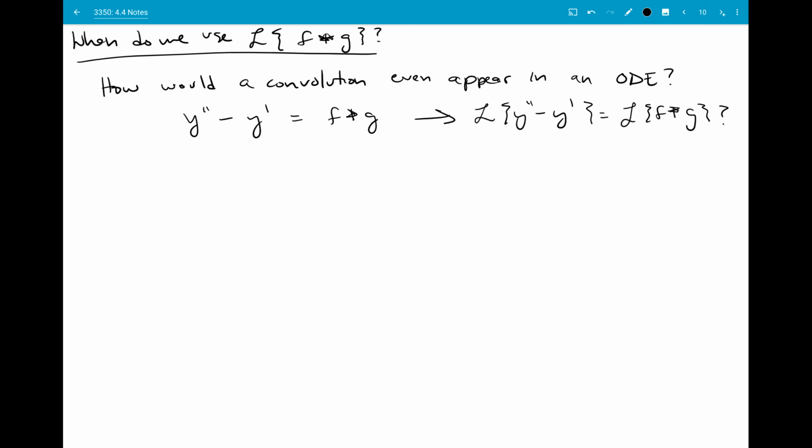The way convolution appears is in something called an integral differential equation.